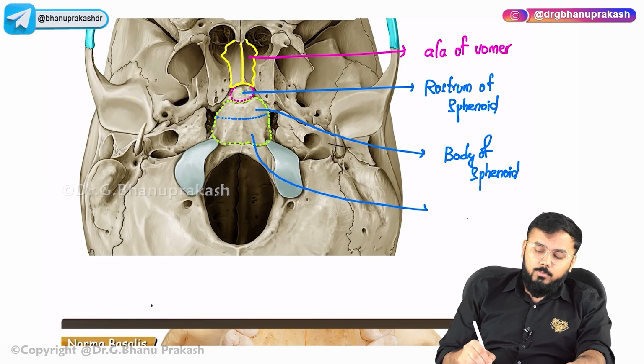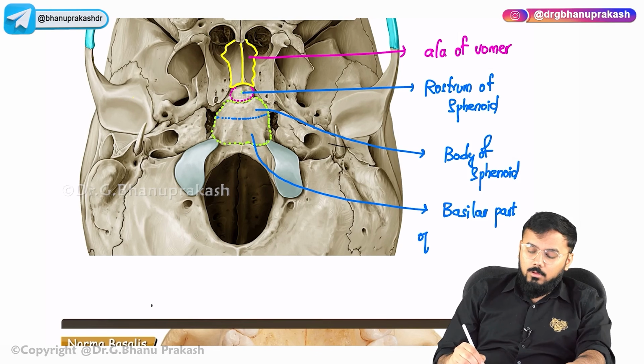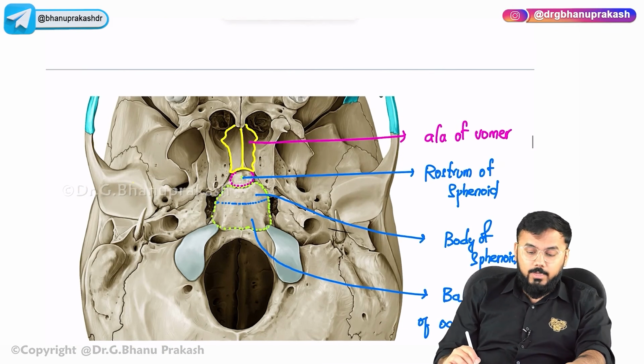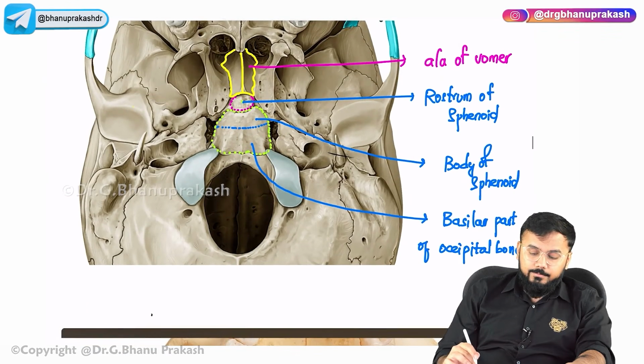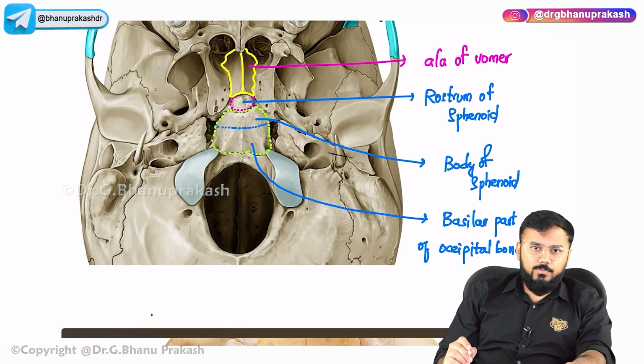And finally, this part over here is called the basilar part of the occipital bone. Okay, so these are the structures over here. Clear, all of you? These are some of the structures that are present in the base of the brain.